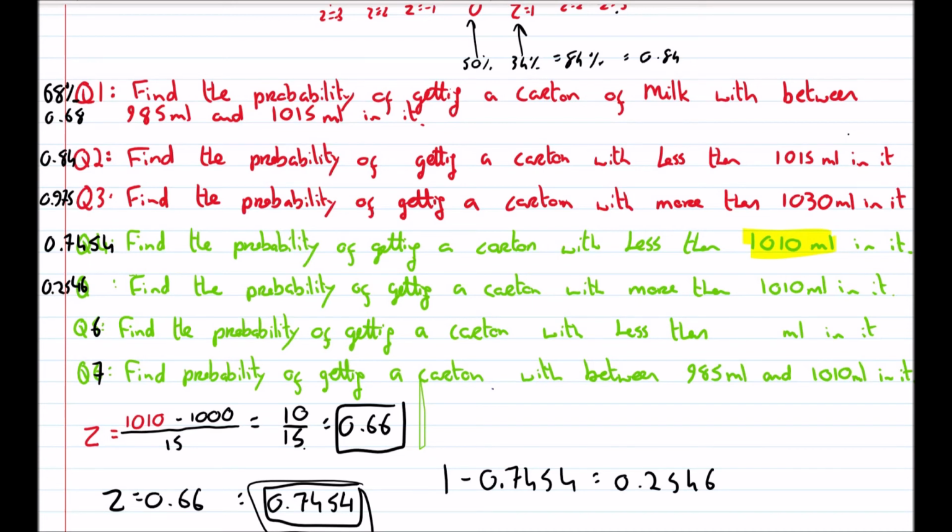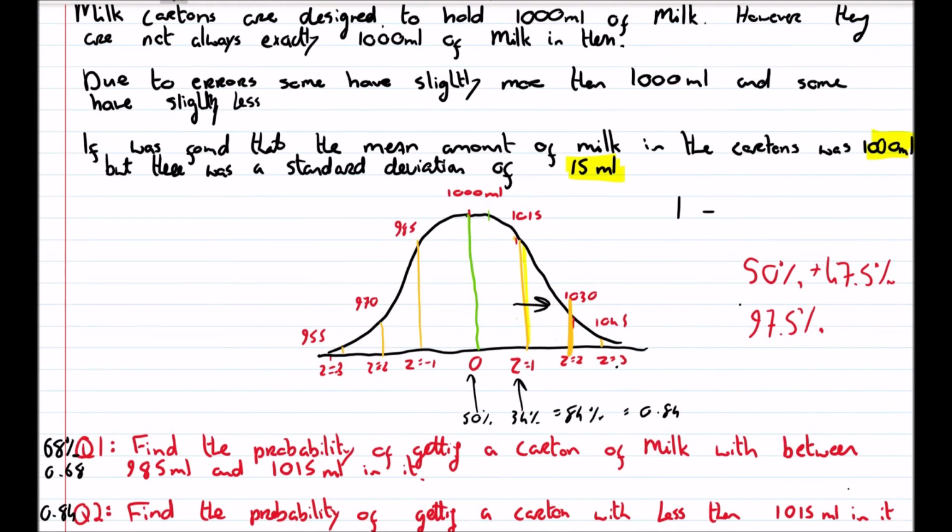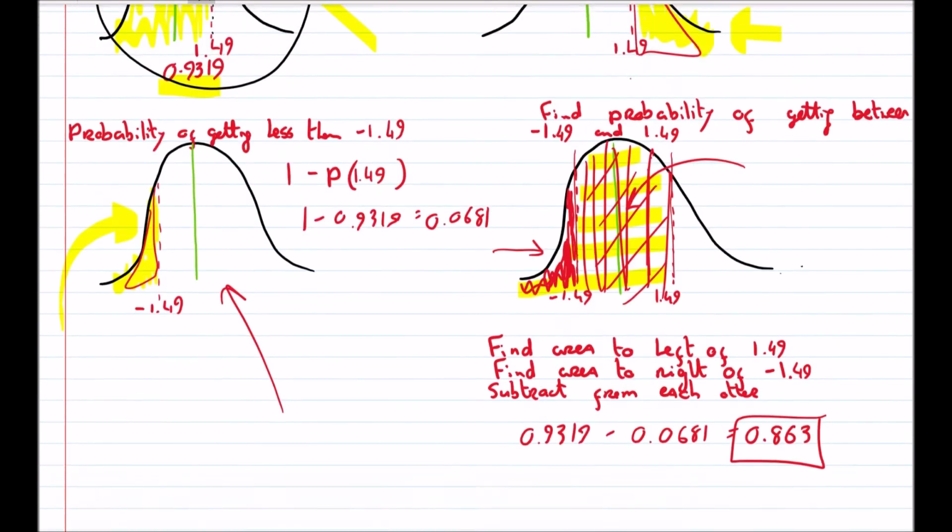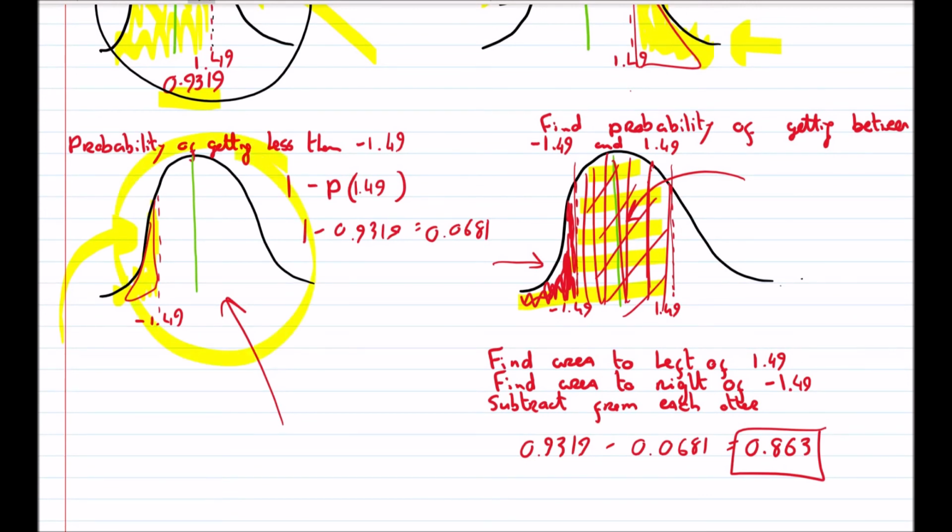Let's change it to 982. Probability of getting a carton of milk with less than 982 milliliters. So that is about here, say. It is less than the mean, so it's to this side of the mean, and we're looking for the probability of getting less than it. So it's 1 minus the probability of our given z-score.